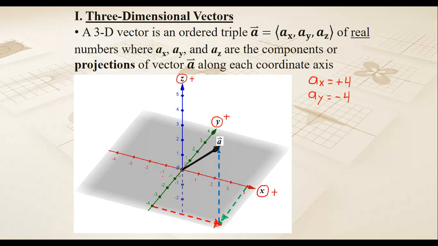Now, it might be kind of hard for you to see how these are actually the x and y components. So what I can do here is try to make this vector stand out to you a little bit more. The way I'm going to do this is draw a line that goes from the origin to this intersection point. As best as I can, I'll make a line from the origin to this intersection point, and then I'm going to shade in a triangular area to make the vector stand out a little bit more.